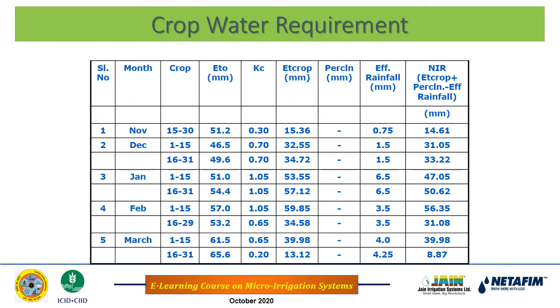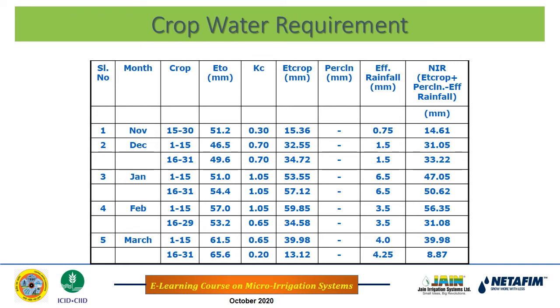So this is the net irrigation requirement in terms of depth of water required, and if we multiply this by the area which we are planning to provide to that crop, that would give you the net irrigation requirement in terms of volumes of water.